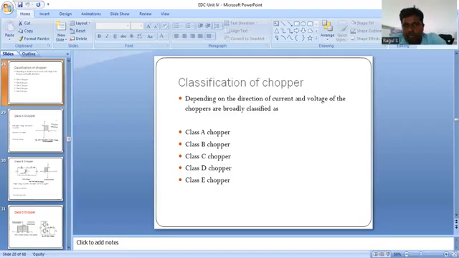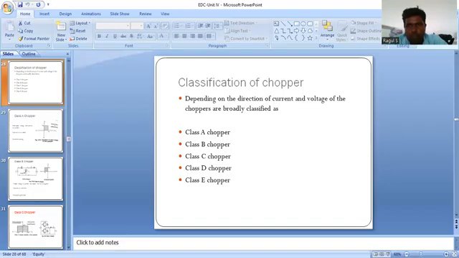Now in the class C chopper, the circuit diagram consists of two switches, two thyristor switches T1 and T2, or SCR, BJT, IGBT, MOSFET. Any kind of transistors or thyristors we can prefer. Two diodes are connected anti-parallel to these switches. Here the output voltage is always positive, but the output current is both positive and negative.